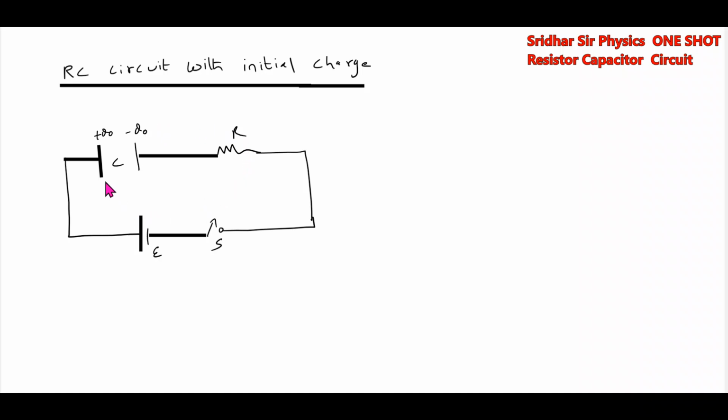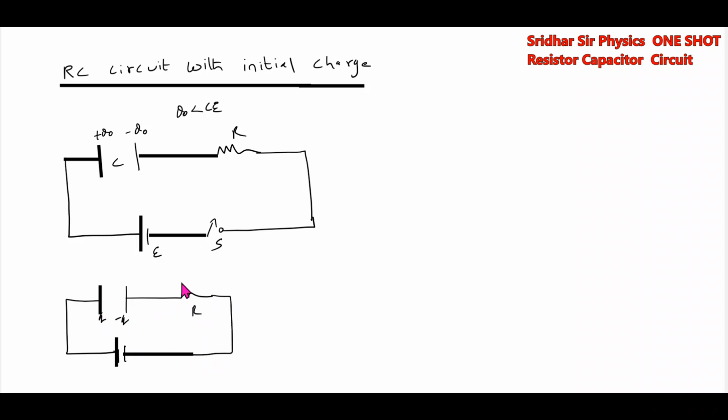Next we have a capacitor with initial charge, where condition given Q naught less than CE. At any instant of time, let the charge across capacitor be Q and let the current be I. Then writing KVL, E minus Q by C minus IR equals 0, where I equal to dQ by dt.